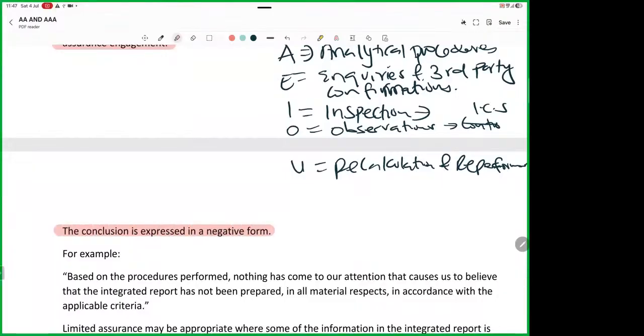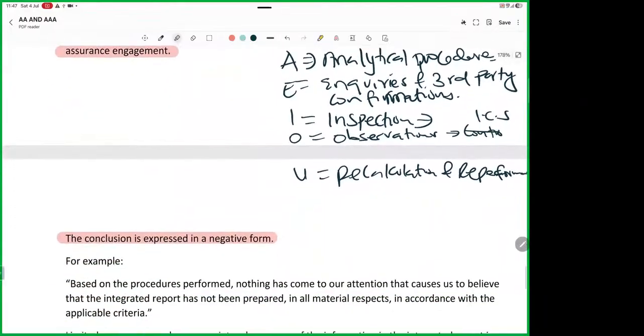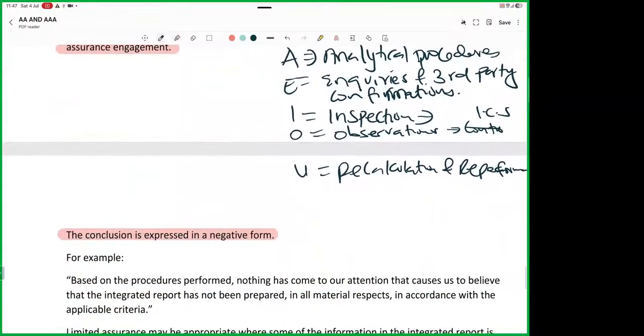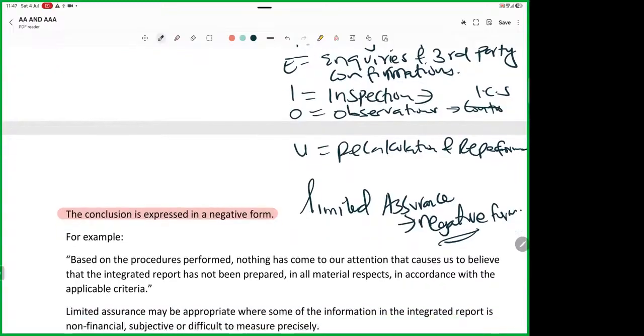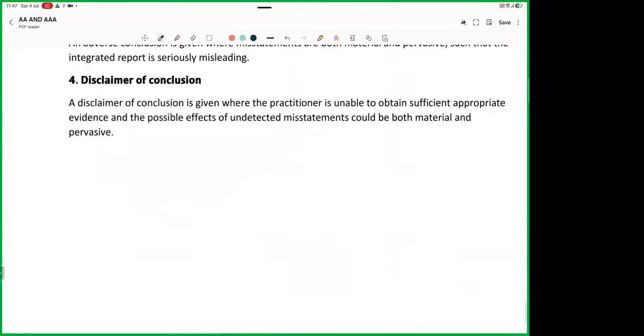Remember, when it is limited assurance, in this case here, we talk of what here? Negative assurance, or negative form. We are not giving, in this case here, like a bad assurance, a bad report. No. Remember, I told you, my great students here, that we have four types of assurances.